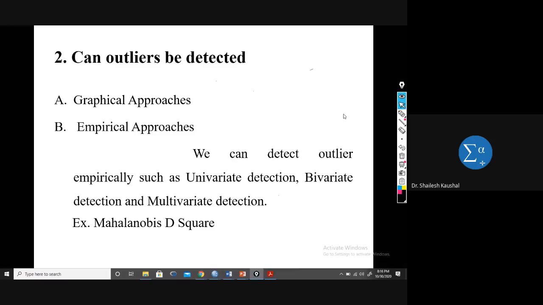These are the outliers. We can detect outliers by graphical approach and empirical approach, and in our sample we remove the outliers.